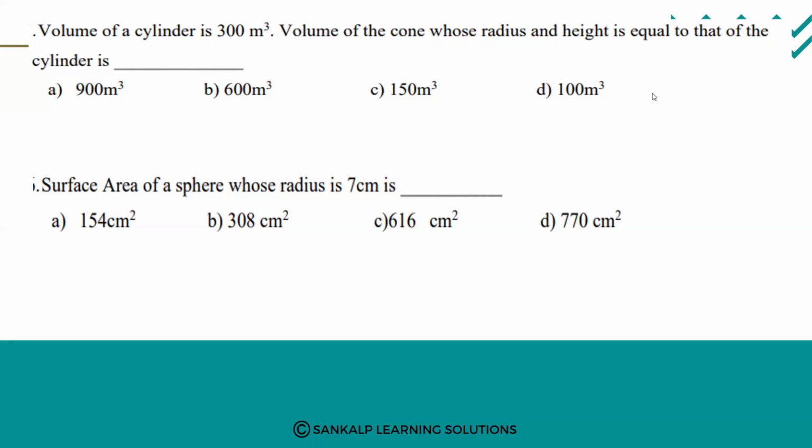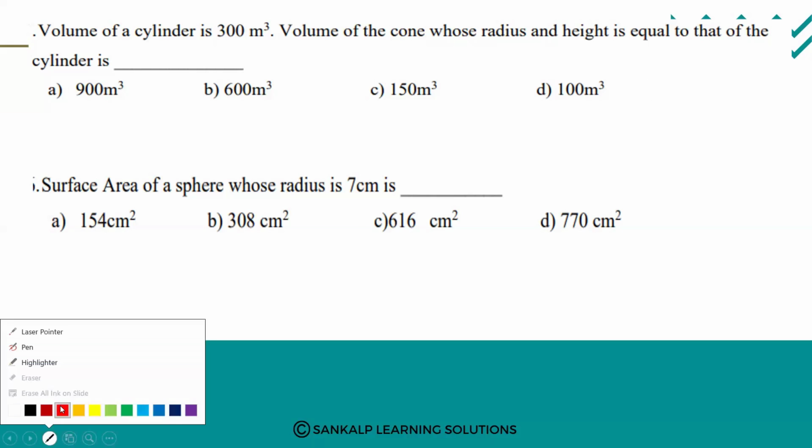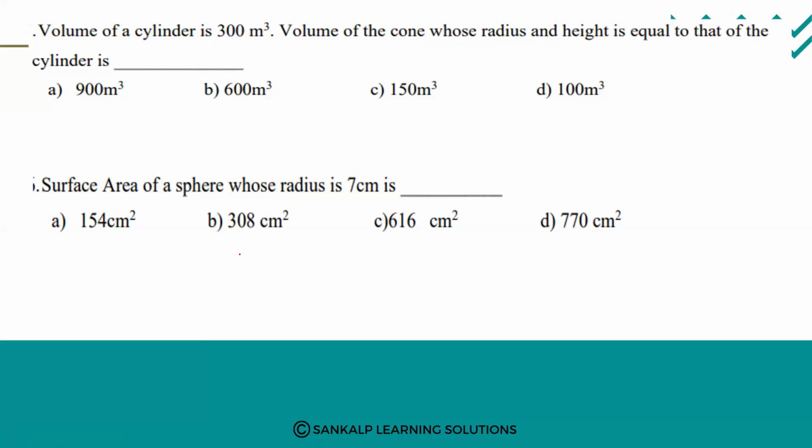Find the volume of the cone whose radius and height are equal to those of the cylinder. They have given that the radius and height are equal to those of the cylinder. The volume of a cylinder they have given, and we need the volume of a cone, right?